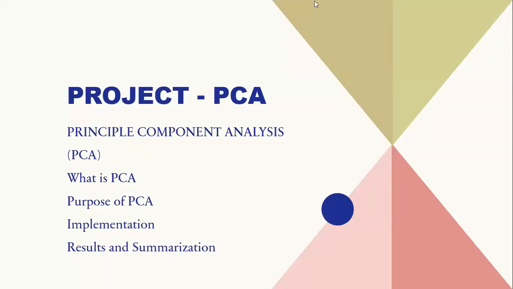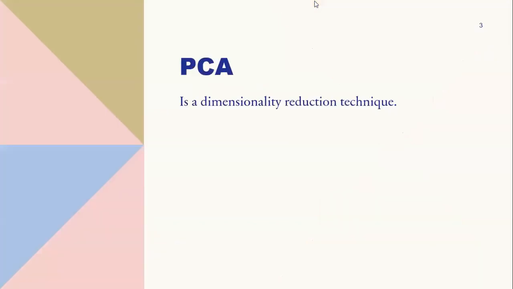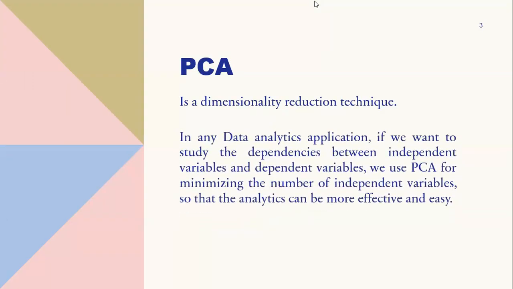Project PCA. The agenda is to tell you what PCA is, what the purpose of PCA is, how PCA is actually implemented, and we will also discuss the results. PCA is a dimensionality reduction technique. I have independent variables and a dependent variable, and I want to study to what extent these independent variables influence my final result, the dependent variable's value.